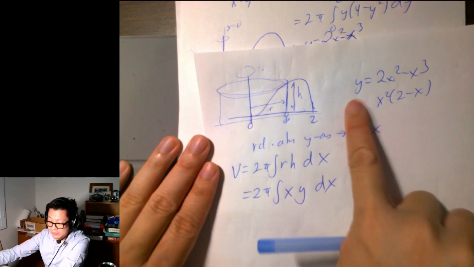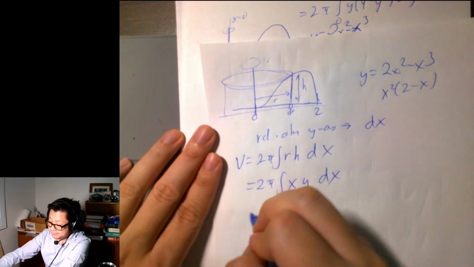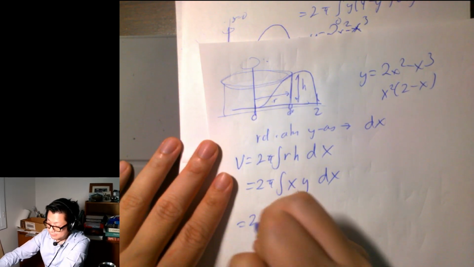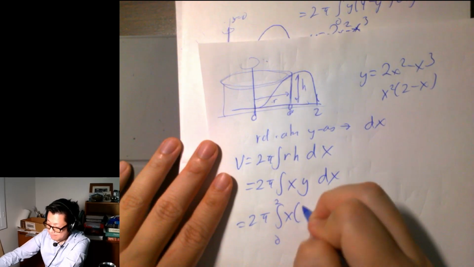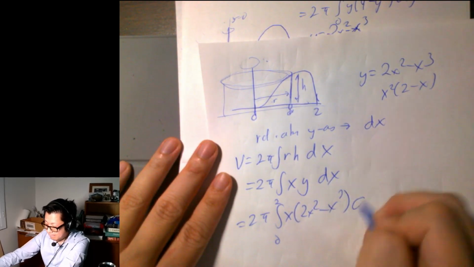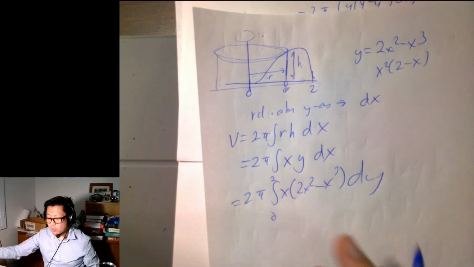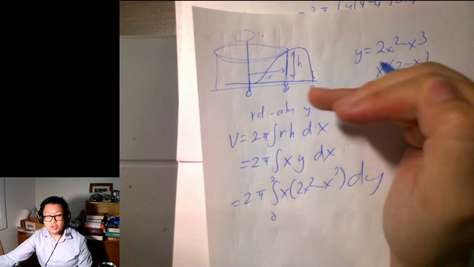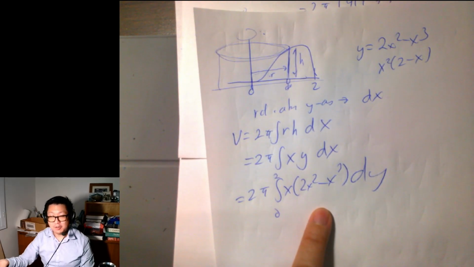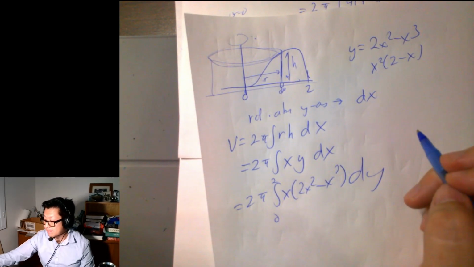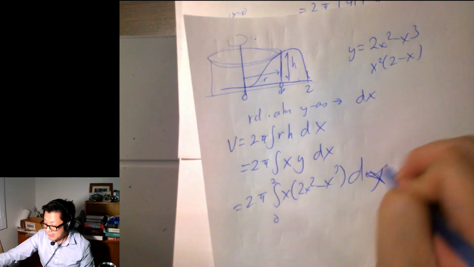And I'm able to replace y as a function of x. My bounds are from 0 to 2, because it's in terms of x. So something that was impossible to do using disk and washer method actually becomes possible and fairly easy to do using shell method. Sorry, that's a dx.